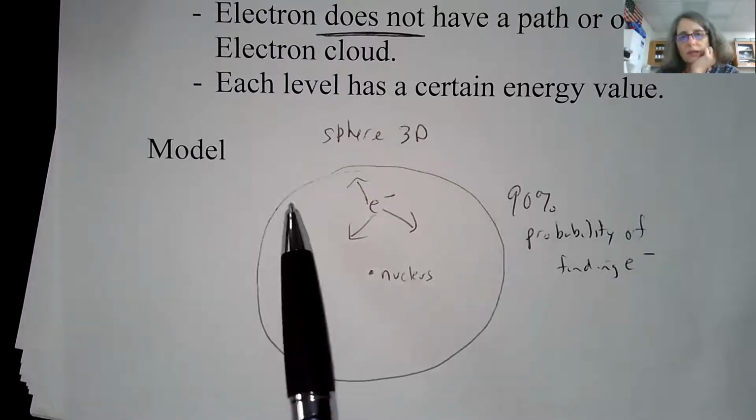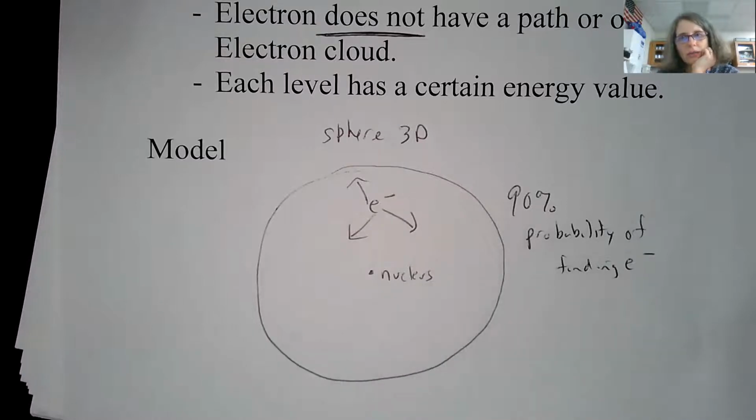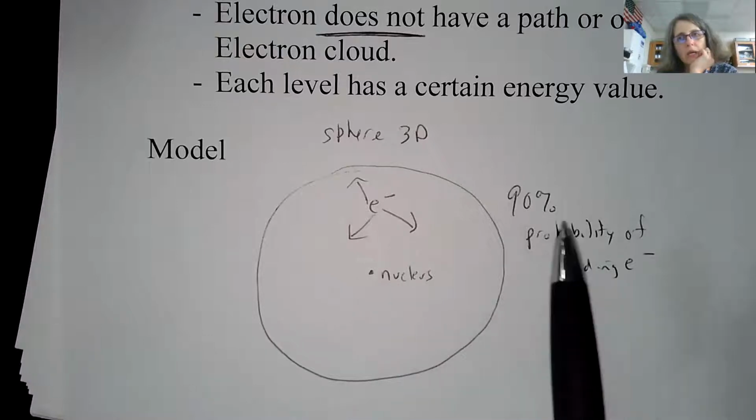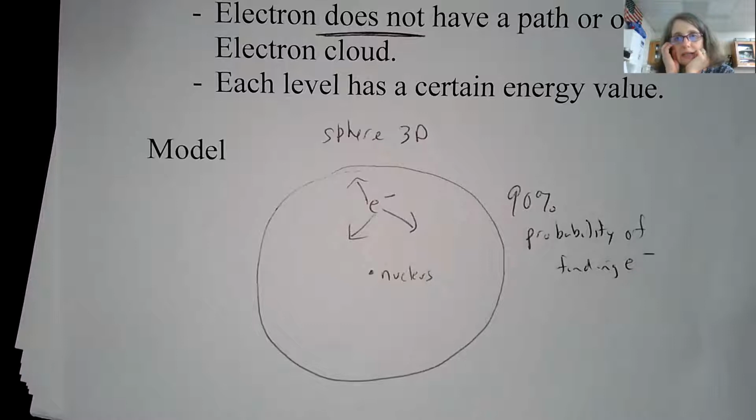Draw an electron, an e with a negative, and then show that it's going in all directions, because that is true. And you have a little nucleus in the middle. The math predicts about a 90% probability of finding that electron in this space. 90% you might think is not that good, but really for finding something so small and moving so fast as the electron does, that's a pretty good probability of finding it there.